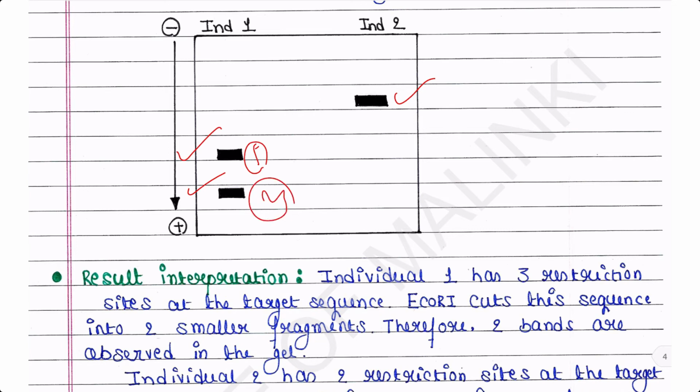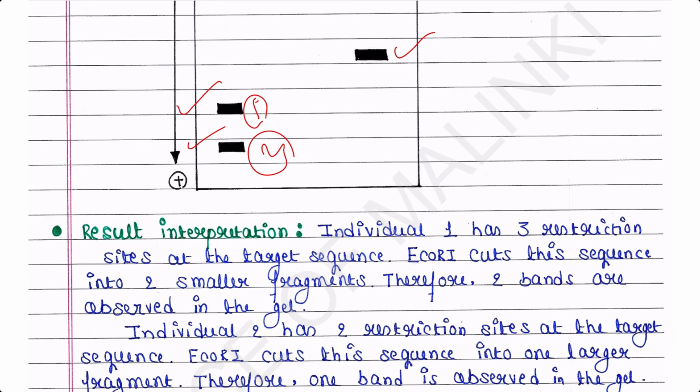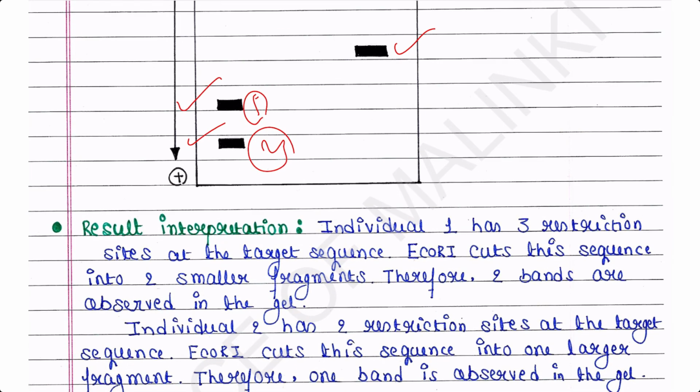Individual 2 has 2 restriction sites at the target sequence. EcoR1 cuts this sequence into 1 larger fragment. Therefore, only 1 band is observed in this gel here.